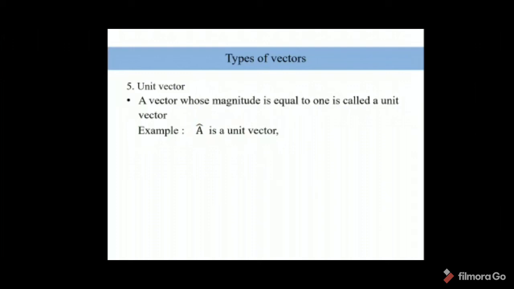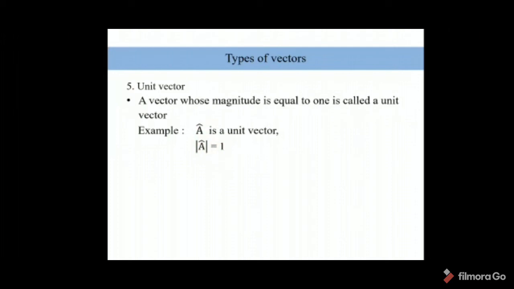So a vector which is wearing a cap or a hat on its top is known as a unit vector. This is how we represent a unit vector. A cap is a unit vector, and as we know the definition, a vector whose magnitude is equal to 1, that means modulus of a cap is equal to 1. So this is what is known as a unit vector.